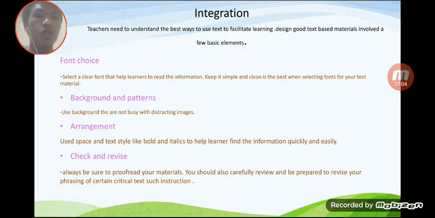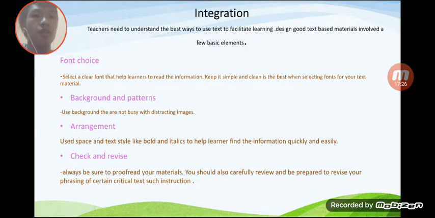Integration. Teachers need to understand the best ways to use text to facilitate learning. Designing good text-based material involves a few basic elements. The first one is font choice. Select a clear font that helps learners to read the information.